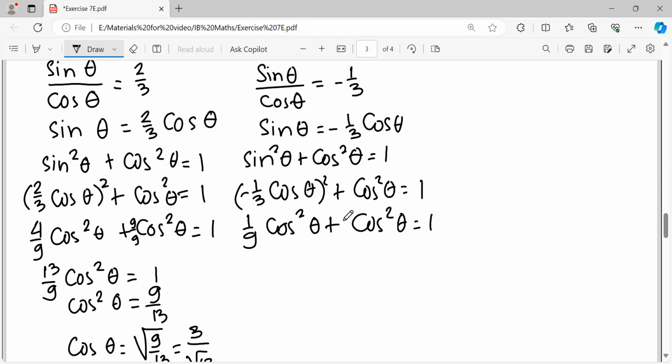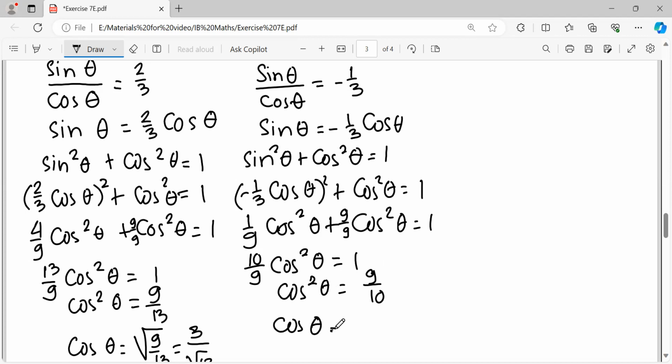Actually, there is 1 here, or 9/9. So 1 plus 9 equals 10, so 10/9 cosine squared theta equals 1. So cosine squared theta equals 9 over 10, and cosine theta equals square root 9 over 10, or 3 over square root 10.